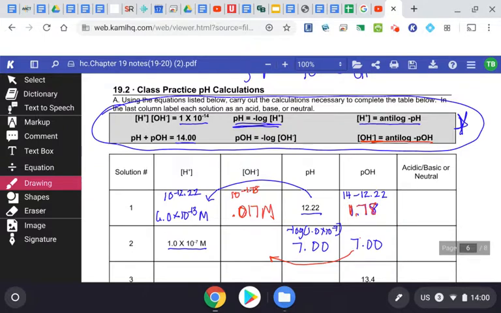Hydroxide concentration equals the anti-log, so 10 to the power of my pOH value, negative 7.00. I have 2 decimal places with that problem, so my answer will have 2 significant figures. That comes out to be 1.0 times 10 to the negative 7th molar.